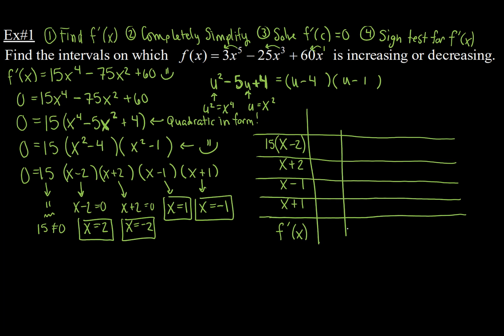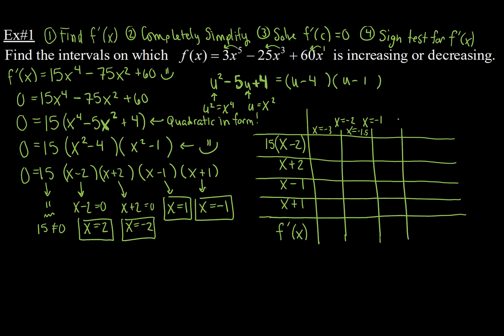Okay, so my smallest critical number here is negative 2. So I need to pick something on the left side of negative 2, so something smaller than negative 2. So I'm going to pick a test value of negative 3. And then my next critical number is negative 1. So I'm going to pick x equals negative 1.5. That's a test value in between negative 2 and negative 1.